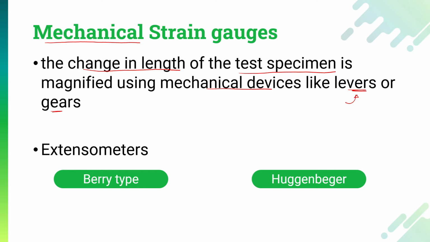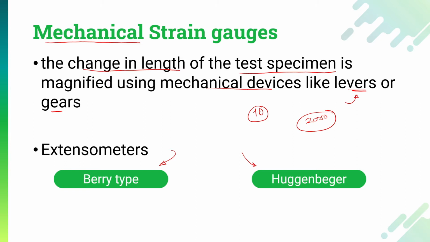At the initial stage, the extensometers were able to get 10 times magnification. But nowadays, with the compound lever mechanism, we are able to get more than 2000 times magnification. Some of the most commonly used mechanical strain gauges are the Berry type strain gauge and the Huggenberger strain gauge. So let us check out these strain gauges.